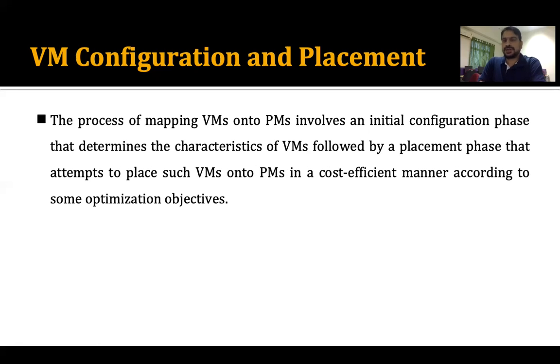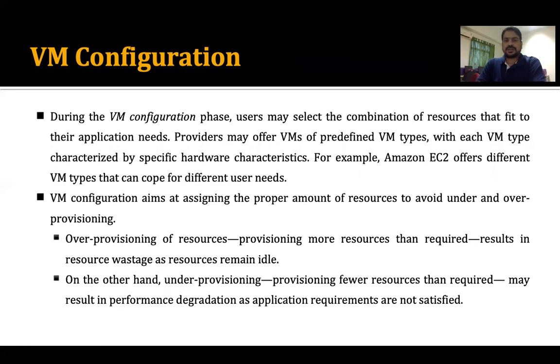Now let's see individually what we mean by virtual machine configuration and what we mean by virtual machine placement. The first thing is virtual machine configuration. Configuration means a user will reach the cloud service provider by logging in to their system, and then the user will decide which type of virtual machine is required.